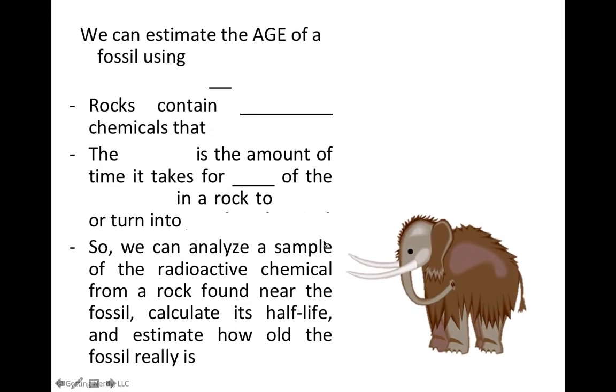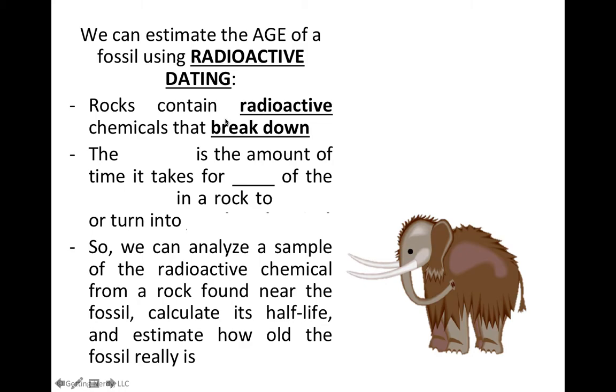Now you're on the second half of the front side of the page, and it says radioactive dating. It starts with, we can estimate the age of a fossil using radioactive dating. Make sure you write that in there. Rocks contain radioactive chemicals that break down.